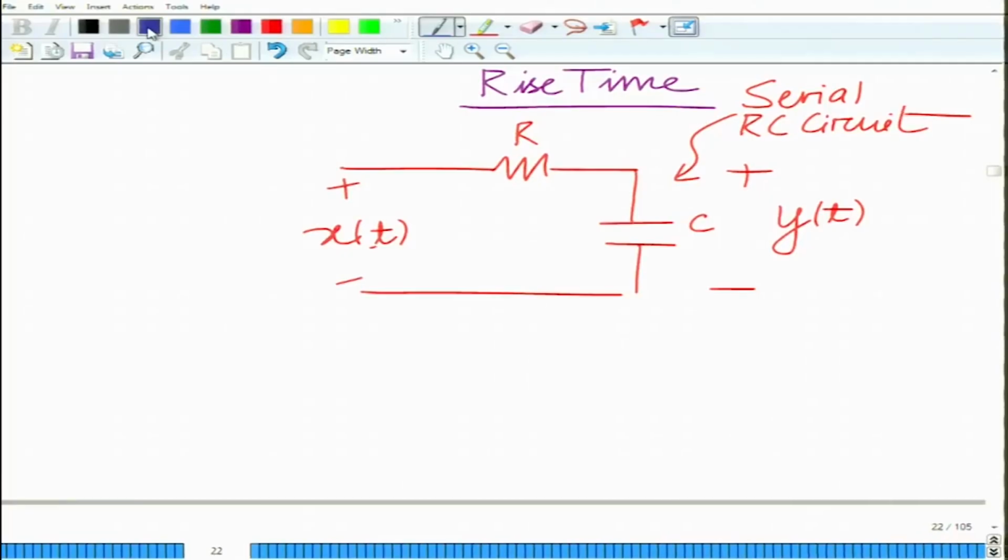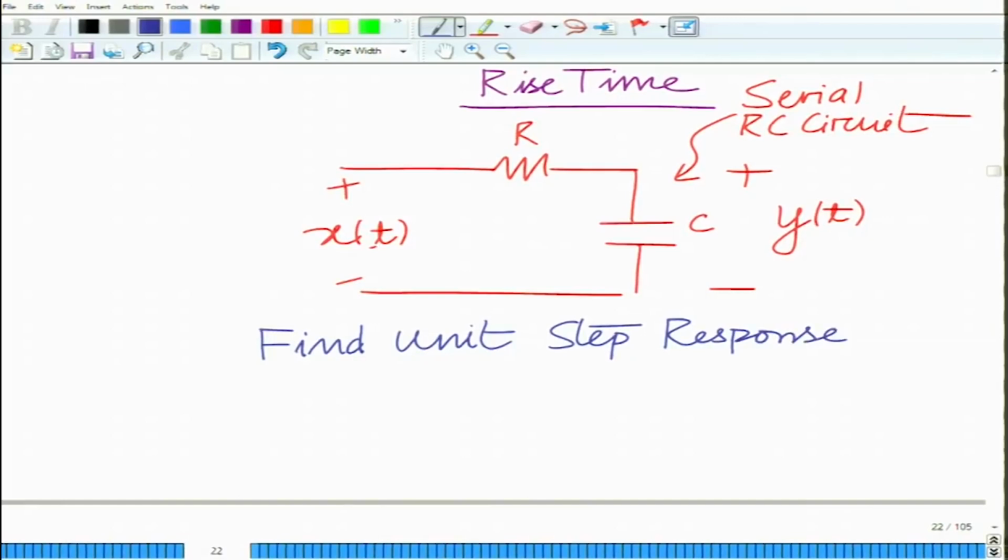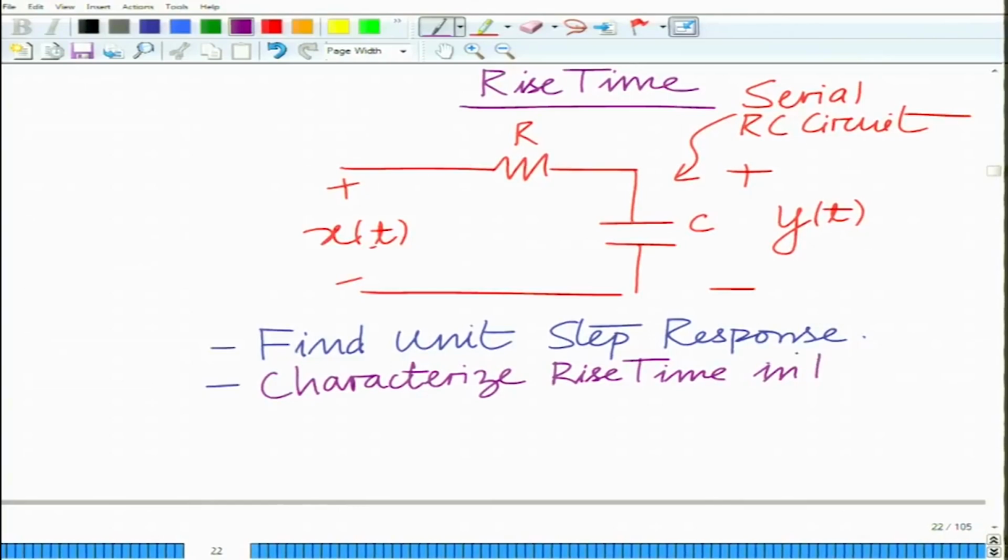So, we want to characterize the unit step response. We want to find the unit step response, that is the first step. And then we want to characterize the rise time in terms of 3 dB.